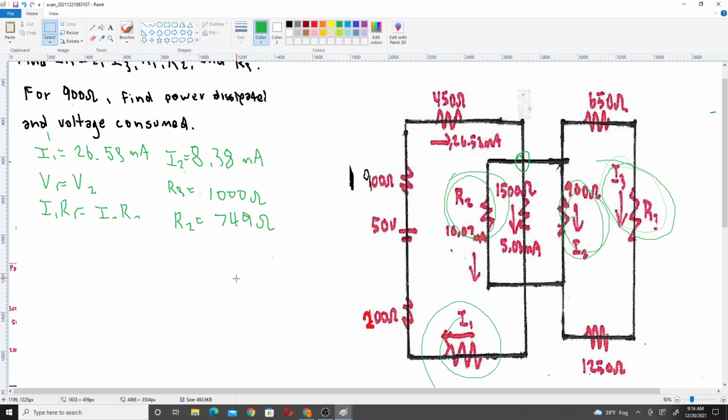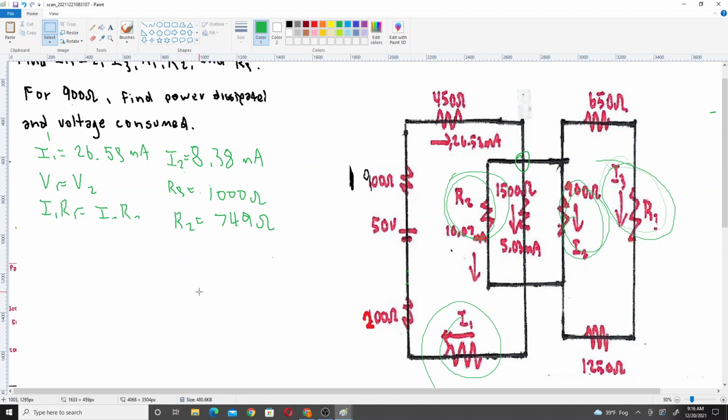Let me see what happened to R1. All right, there is no R1, we don't want to solve for it.